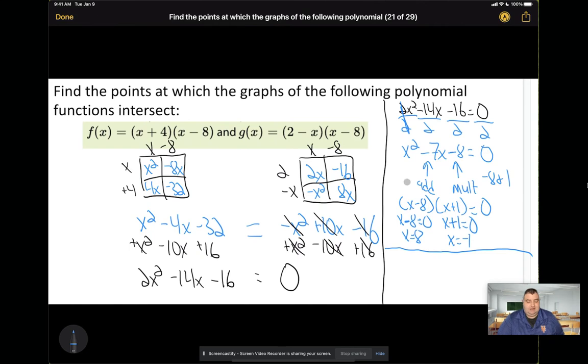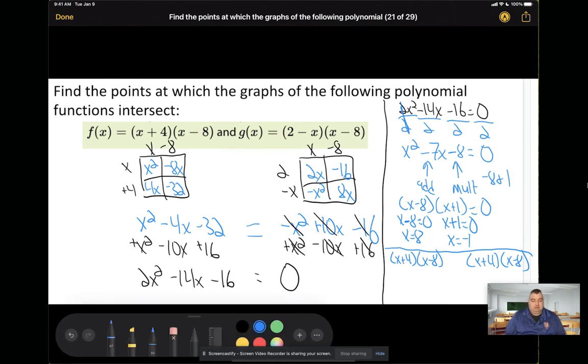So I solved for x. Now I have to pick one of the two original polynomials. So I'm just going to pick the first one here. x plus 4, x minus 8. So now I'm going to pick one of those polynomials, and I need to plug in both x values to get the corresponding y value.